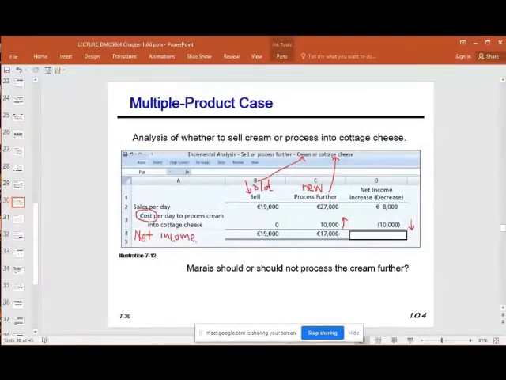If you compare sell and process further, do you see it reduce? If it reduces, it means it is negative. Or another method is you just add up everything here.